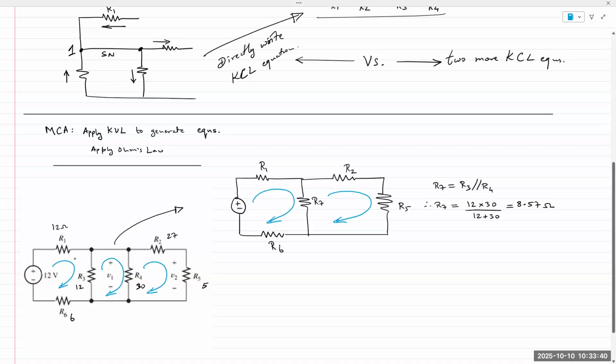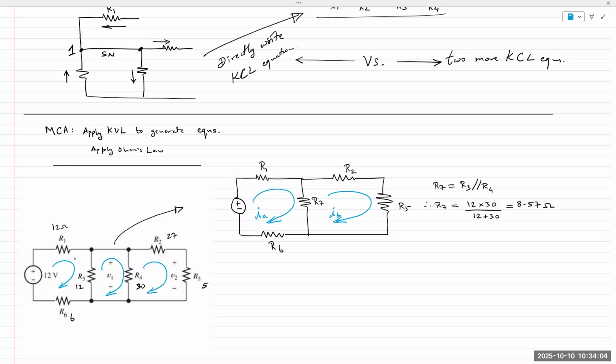As with choosing a reference node, here we must choose a reference direction for our mesh currents, either flowing clockwise or counterclockwise. I typically always like to choose clockwise. And so if my current is going clockwise, I'm going to say IA and IB, going clockwise in both meshes.